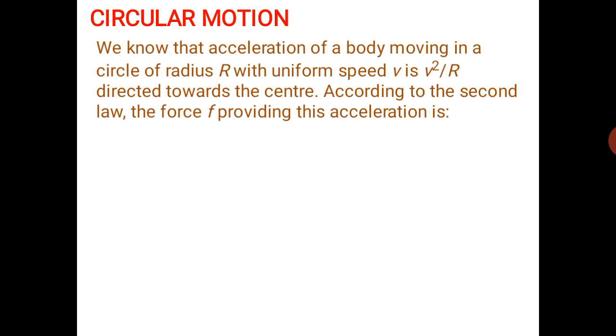That centripetal acceleration is a equal to v square divided by r, where v is the uniform circular speed and r is the radius of the circular path.